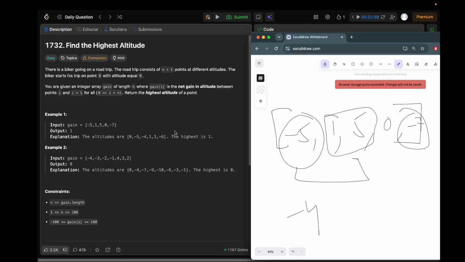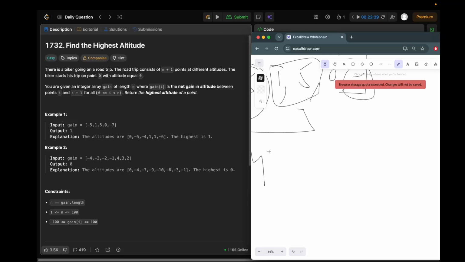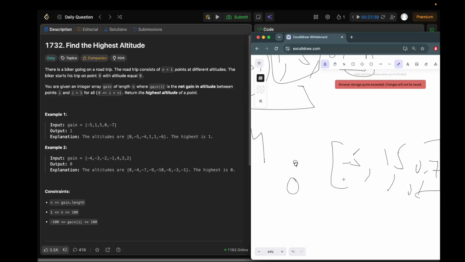So a trip consists of n plus 1 points at different altitudes. We start at point 0. You're given an integer array gain of size n. So we start at 0 and then we're given an array of size n: minus 5, 1, 5, 0, minus 7. Gain[i] is the net gain in altitude between points i and i plus 1.